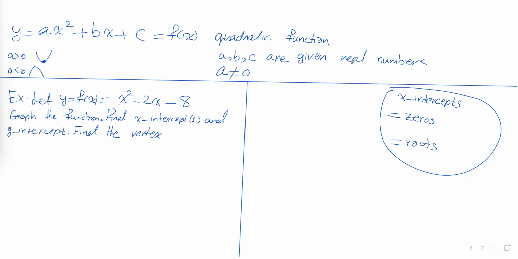Usually the first thing it's good to do when you want to graph a quadratic function is to see if you can factorize it. If you can factorize it, or in other words, if you can find its roots or zeros or x-intercepts, it helps you to do the graph very fast, usually. Okay, let's see if it works. So can anyone factorize this, x squared minus 2x minus 8? Does anyone know how to do it?